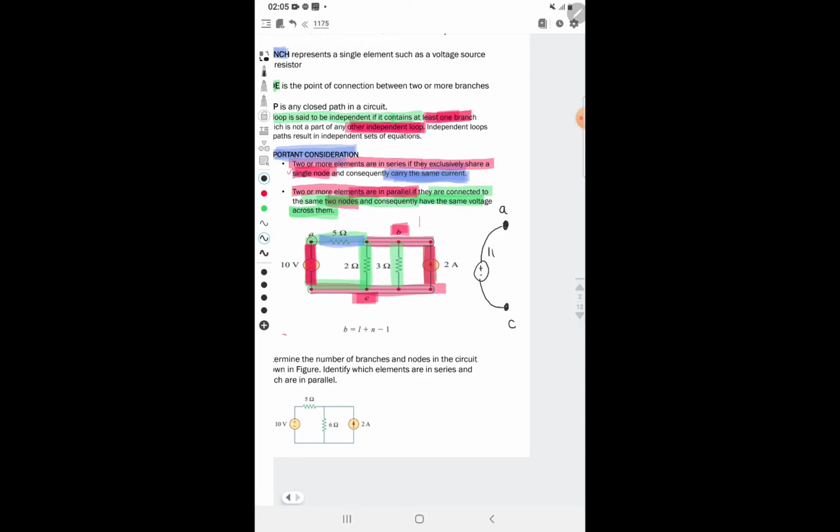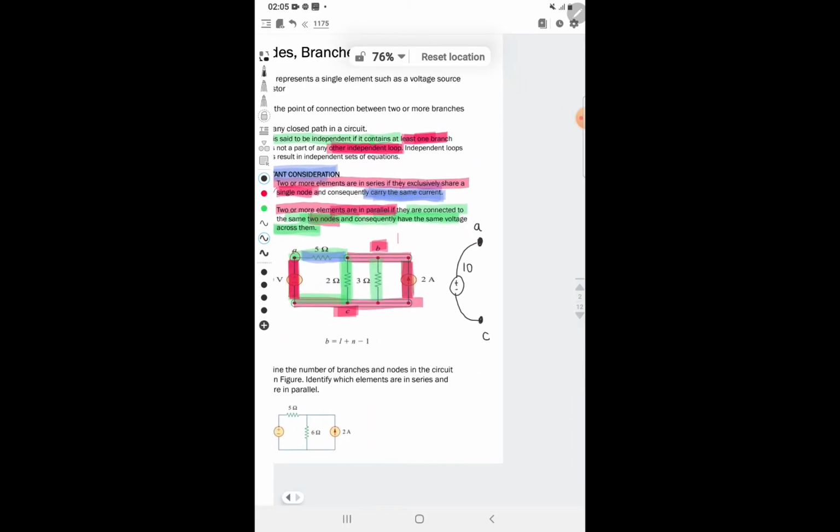And then from that node A, it is our 5 ohm. This is our node B. So from here, I will have my 2 ohm, my 3 ohm, and of course, my 2 ampere.